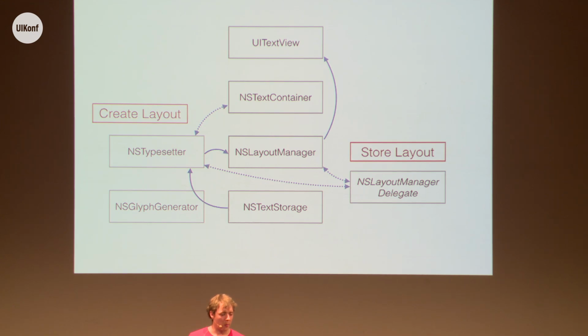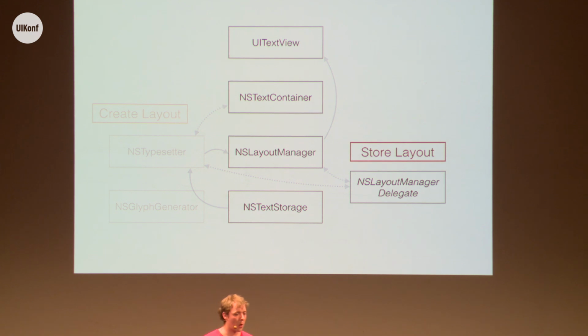So I lied to you for a reason. Oh, there's also the NSTextLayoutManagerDelegate. You can do stuff in there. The reason is NSTypesetter and NSGlyphGenerator are private on iOS. They are available on macOS. They are the logical place to go when you want to manipulate the typesetting behavior.